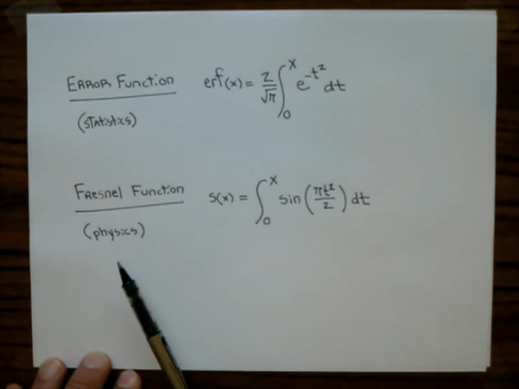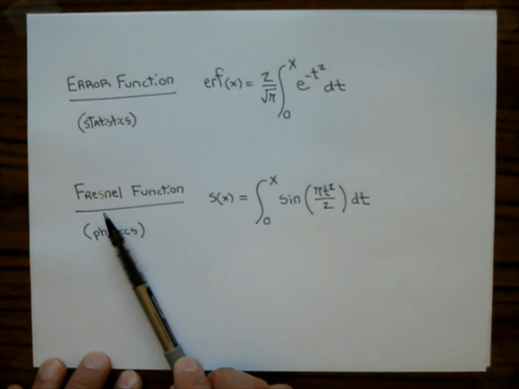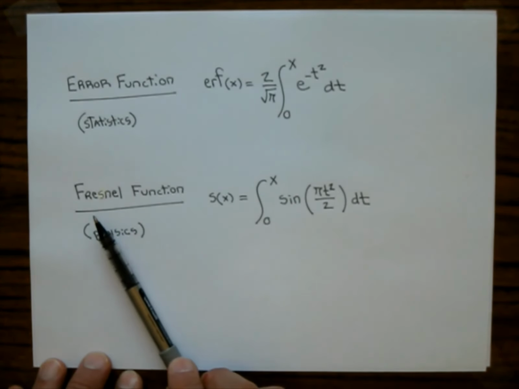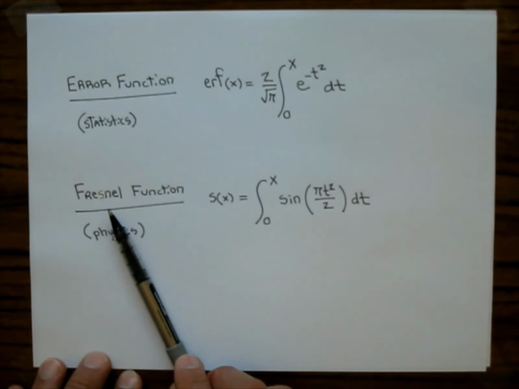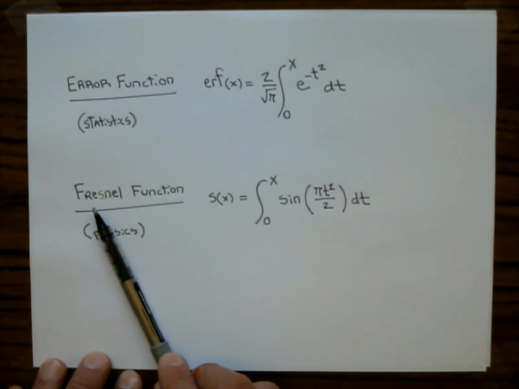Another example from physics comes from a man named Fresnel. I want to say Fresno, but I don't think he was related to Fresno, which I know is a city. He lived from 1788 to 1827, and he was studying the diffraction of light waves.